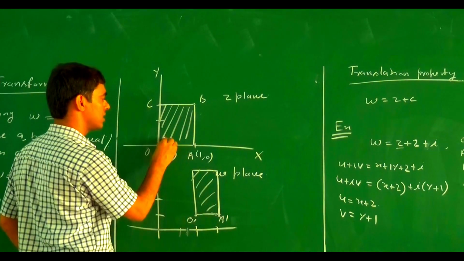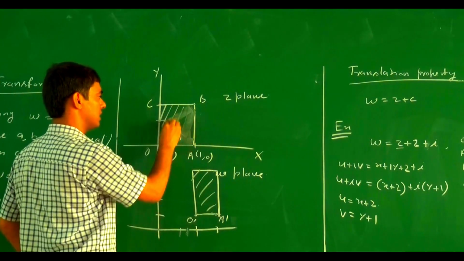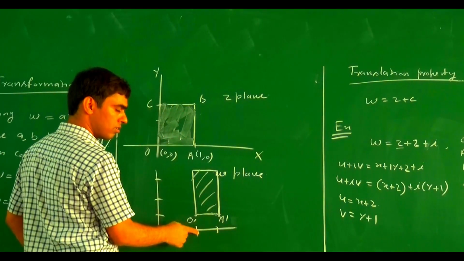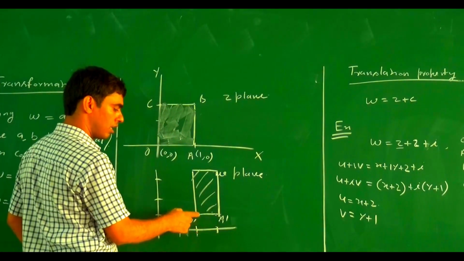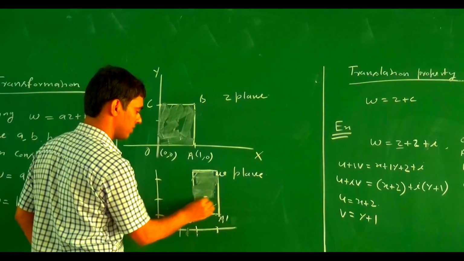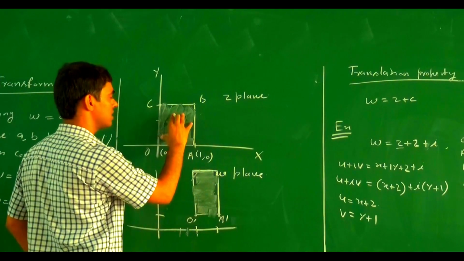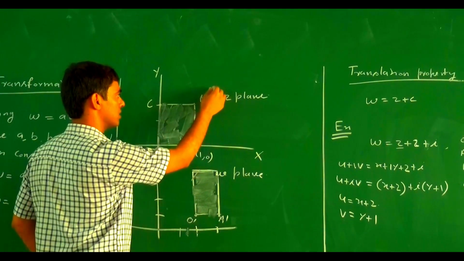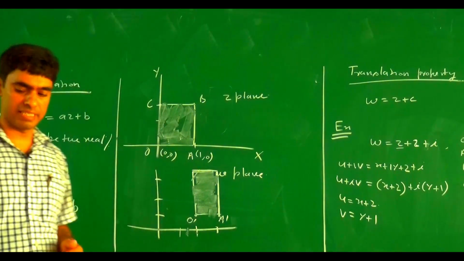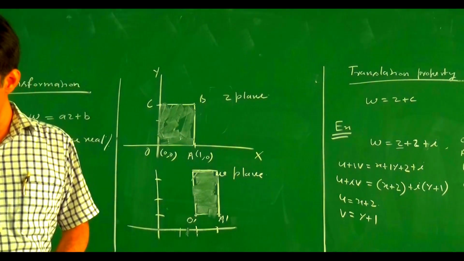So this image is translated 2 units on the U axis and 1 unit on the V axis. This is a translation, meaning this image goes to here. This one is called translation.